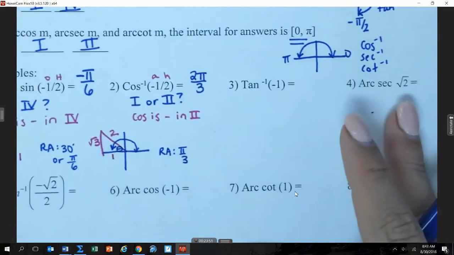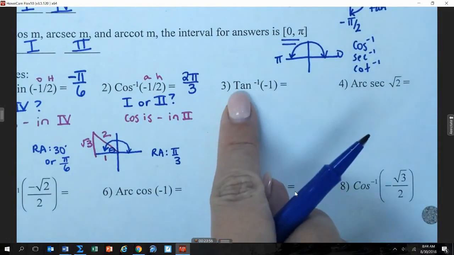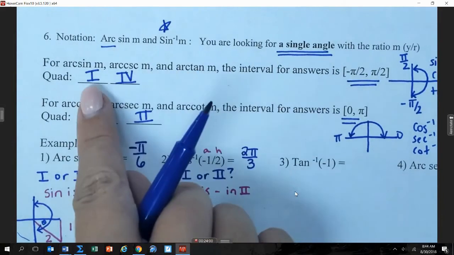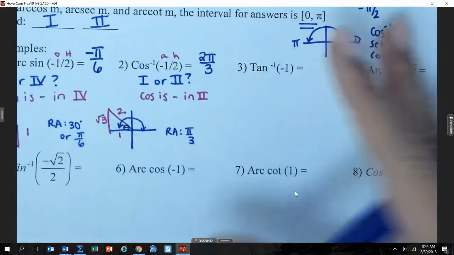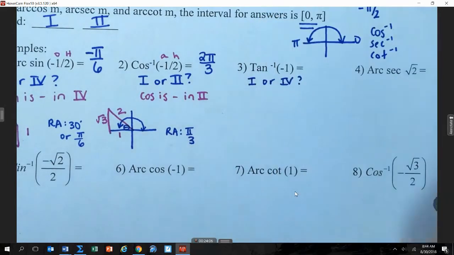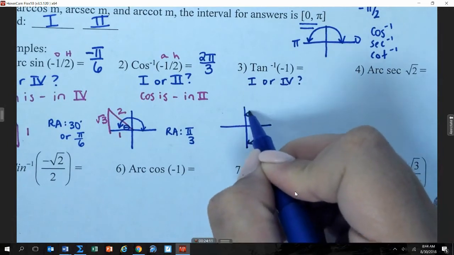Looking at tan inverse, I'm doing the same thing, trying to figure out which quadrants my options are. For arctan, we're either going to use 1 or 4, and that goes from negative pi over 2 to pi over 2.